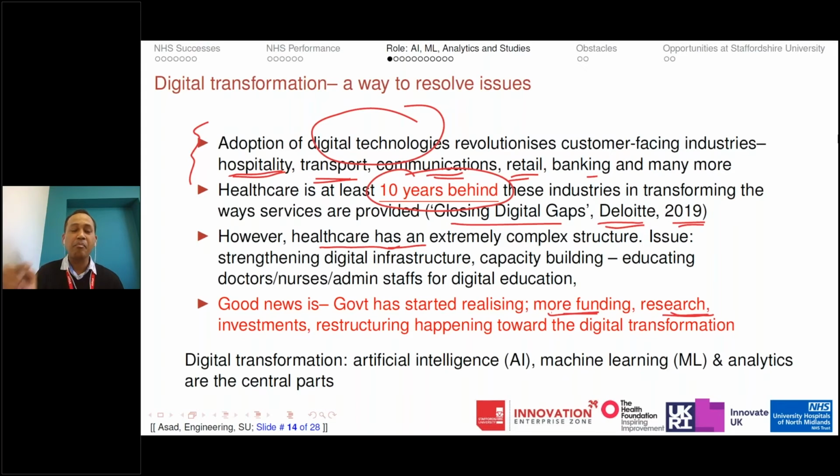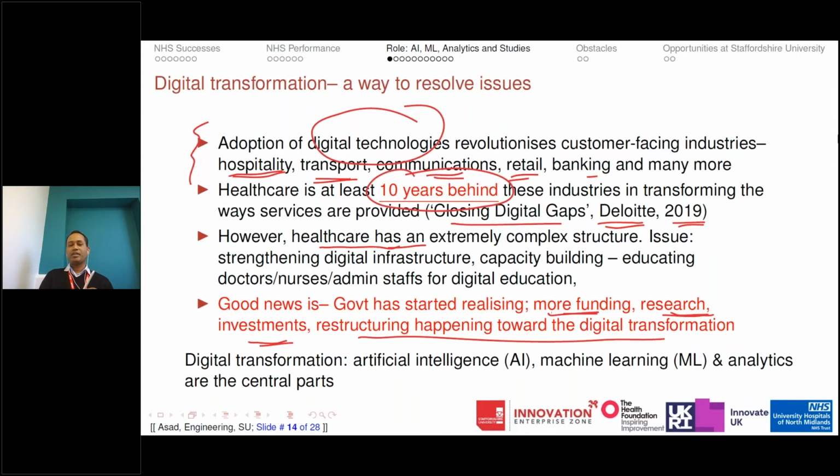Research is increasing, but not the way it should have been. Investments are increasing, and restructuring is happening through digital transformation. Things were going smoothly and we were in a very good position, but due to COVID many things happened and government had to concentrate on COVID care rather than this digital transformation.